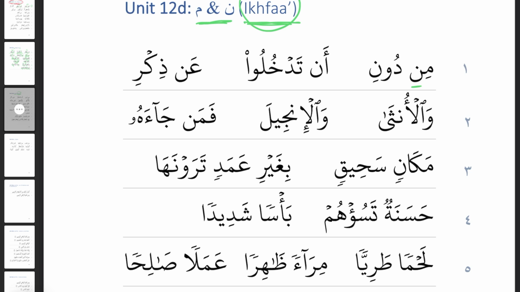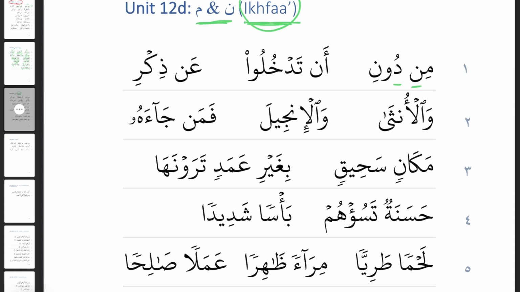If it is a wow or a ya, we also know what to do because we did that in last time's lesson. But in this case, the letter after it is neither a letter with a shadda nor a wow or a ya. So in this scenario, where you have a noon with nothing on, and no letter with shadda following it, and no wow, and no ya, then you are going to hold the ghunnah. That is the option that's left for you.